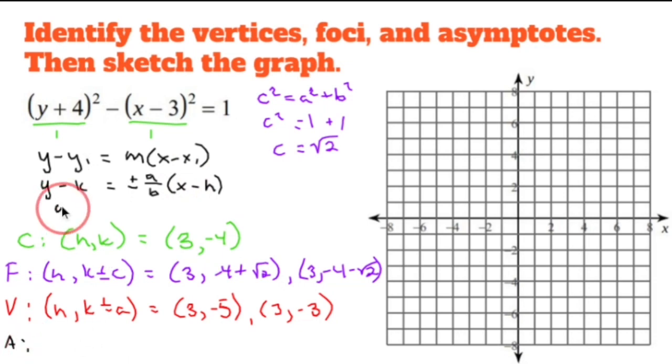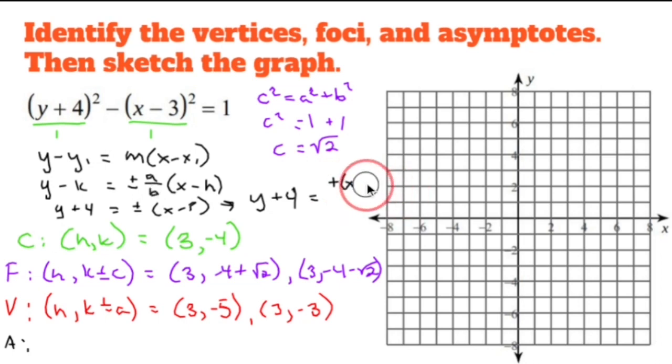Let me do y minus k, which is y plus 4, equals plus or minus 1 times x minus 3, which makes y plus 4 equal to a positive x minus 3, and a negative x minus 3.